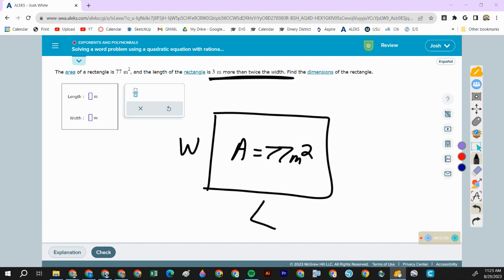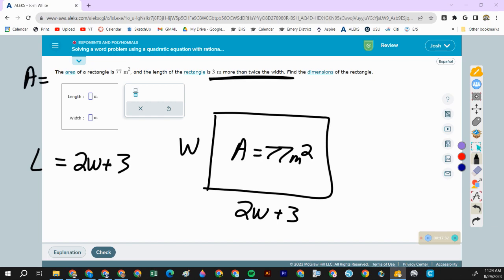Three meters more than twice the width. So I'm going to say that L is equal to 2W plus 3. So I'm going to replace this with 2W plus 3. Okay? How do I find the dimensions of the rectangle?